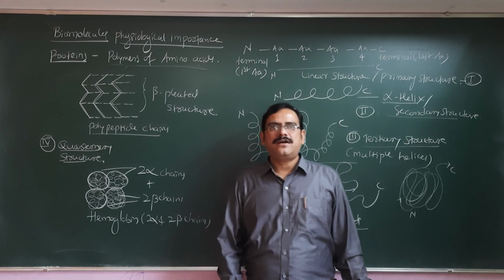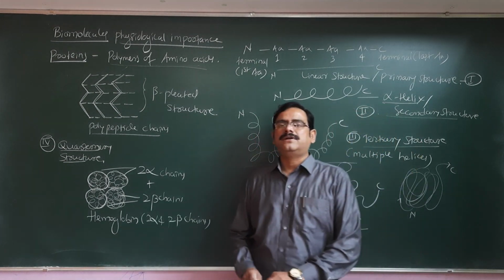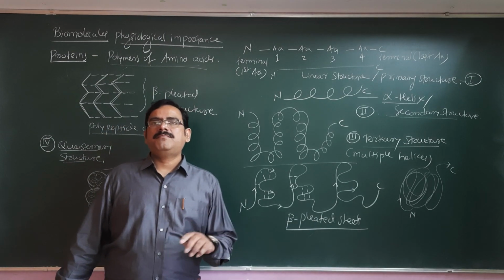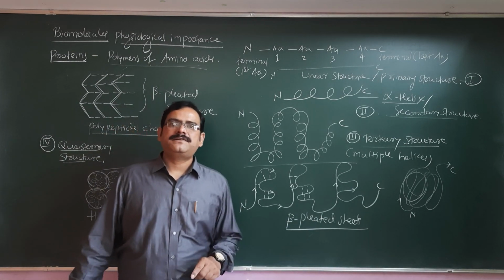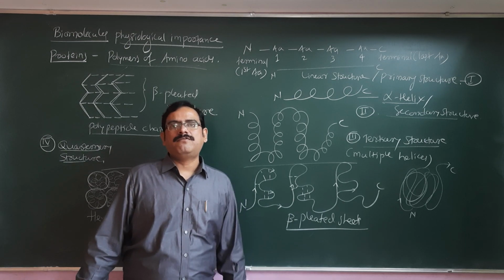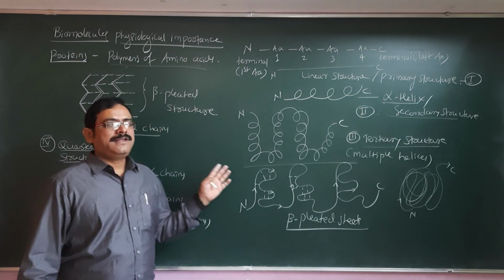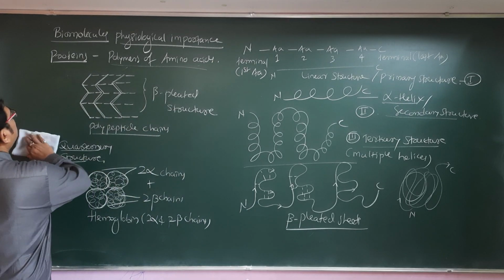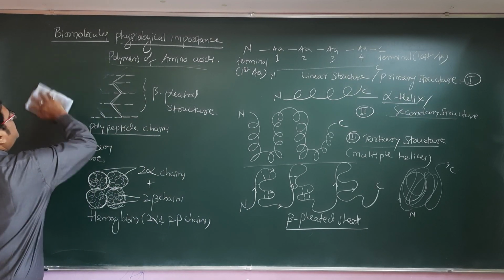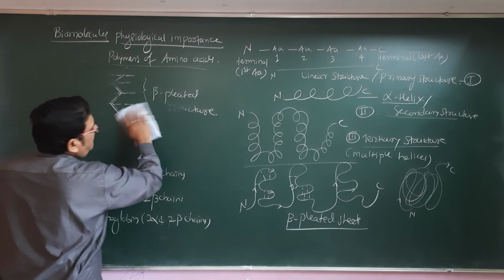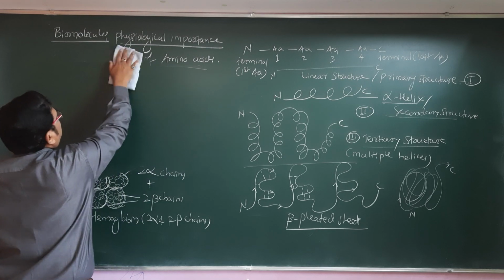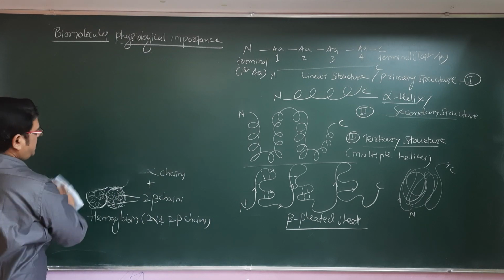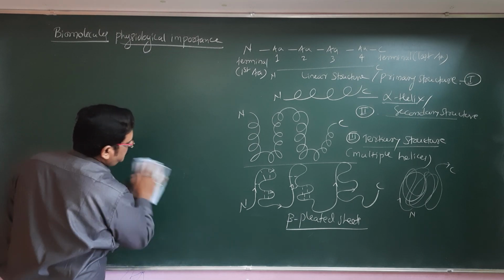So this is all about the proteins we have studied. Now we need to understand certain important functional aspects as well as the structural importance of carbohydrates. We have studied that proteins are polymers of amino acids, but carbohydrates are polymers of sugars.